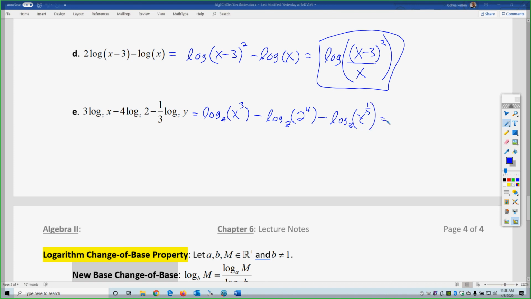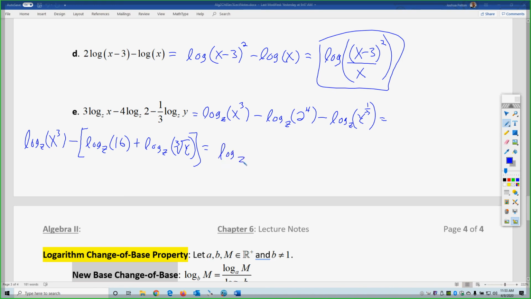We'll do some simplification here so we can actually do a product rule because we have two quotients here. We don't want a fraction with a fraction. So this is log base z of x to the third minus log base z, let's see, 2 to the fourth. That's going to give us 16, plus log base z of the third root of y, since it's a 1/3 power. Okay, so now we can do the product rule since we actually have a plus now.